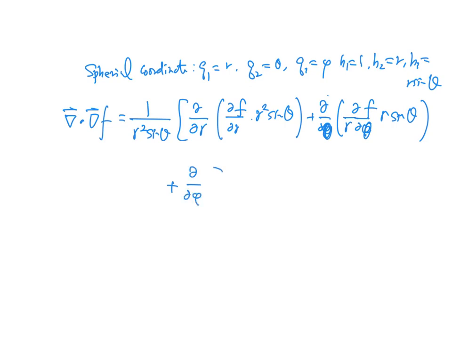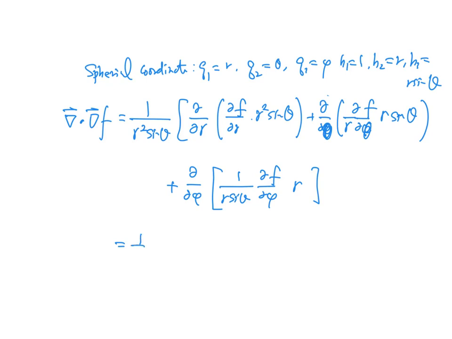Partial phi partial 1 over R sine theta, partial phi partial F, H1, H2 is R. So let's see if we can simplify things. So the first one, actually you can move sine theta out because it's derivative by r, right? And sine theta will cancel each other.